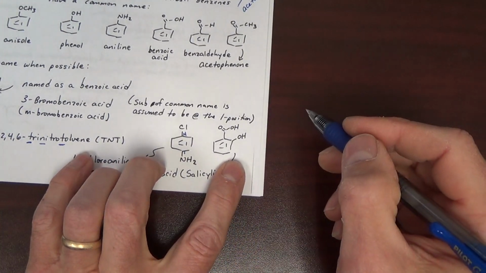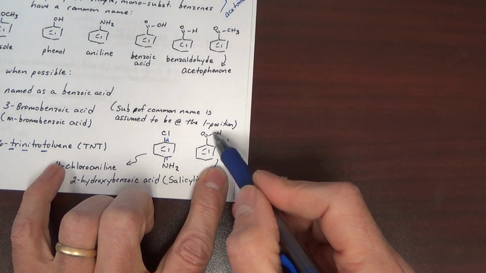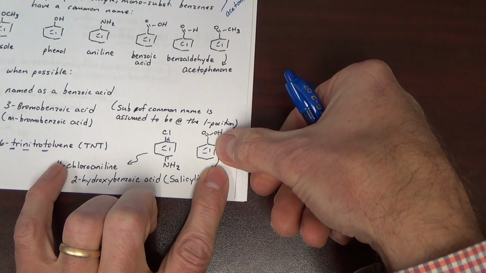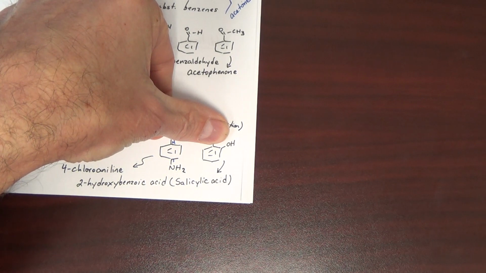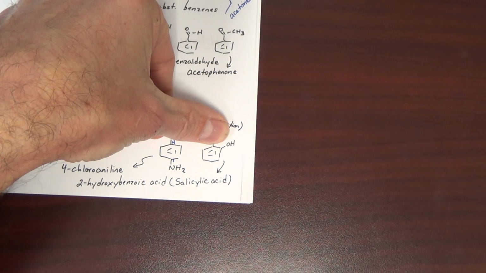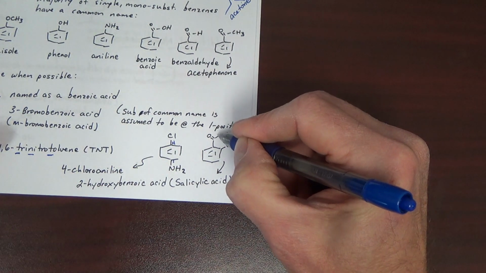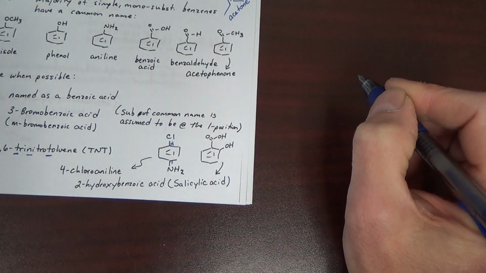Over here, I actually see 2 common names here. That's benzoic acid. That's phenol. Now, I'm not going to expect us to know how to determine which takes precedence.